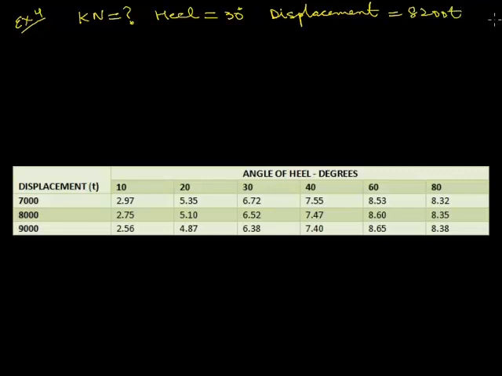Now if we look at the table again, we see that we don't have any values corresponding to Kn for 8,200 tons, so we have to interpolate that value.